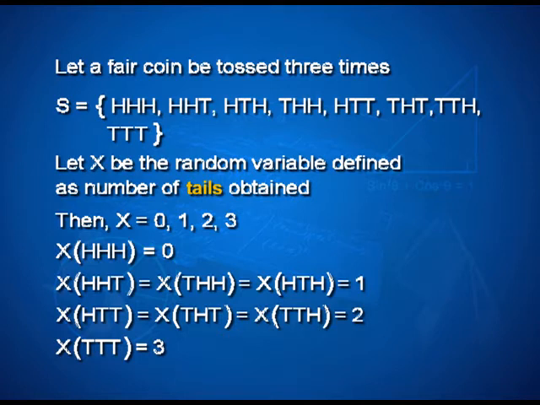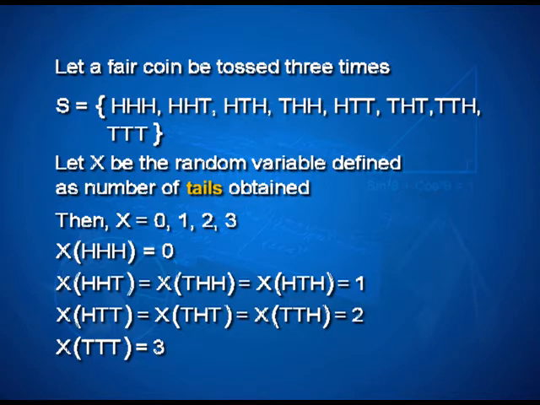So, now x is counting number of tails, and therefore, HHH gets associated with 0, and correspondingly there is a change in other outcomes. At the same time, each of these random variables can be associated to their respective probabilities.